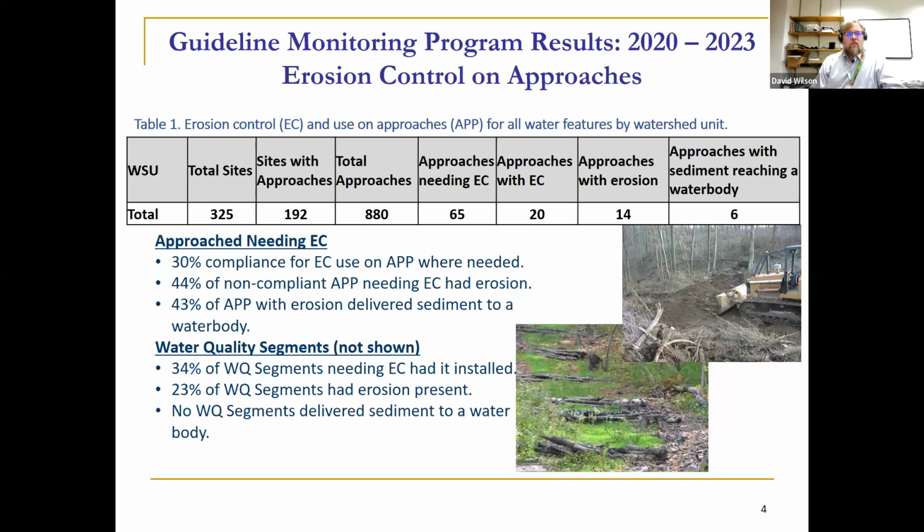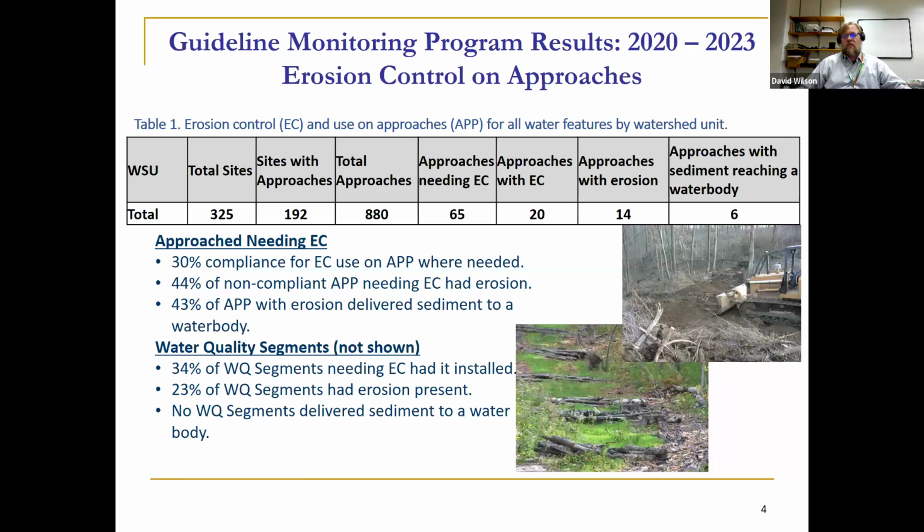All right. One of the things I've done over the past 4 or 5 years is I've worked as the Guideline Monitoring Program consultant. I've been in the position with the Minnesota Forest Resources Council for the last year as the applied forest scientist, but I still have a handle in the guideline monitoring data. So what we're looking at here is the use of erosion control practices on approaches to water features.